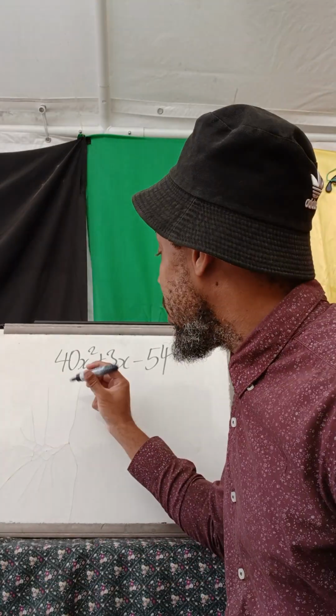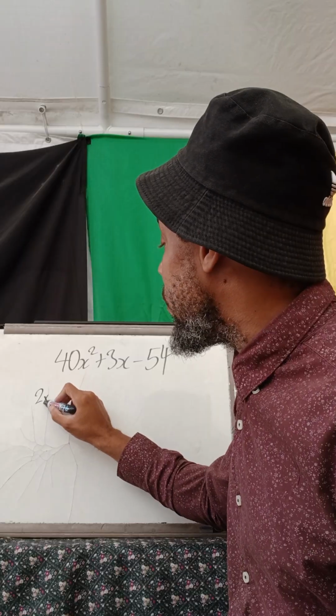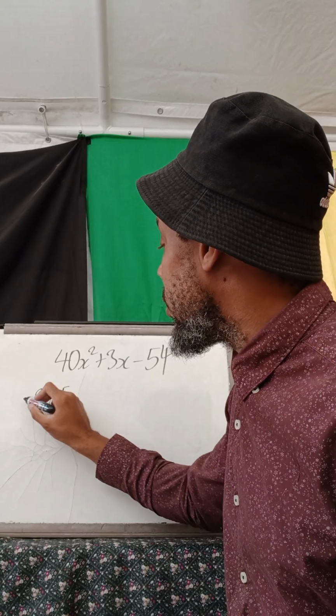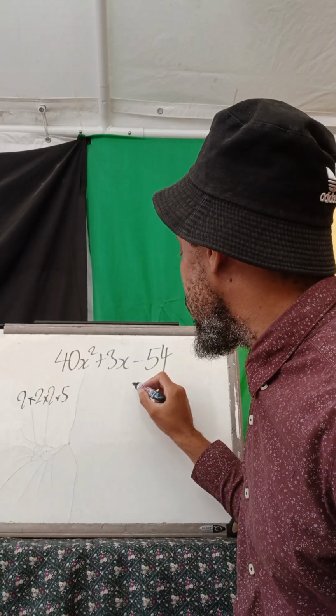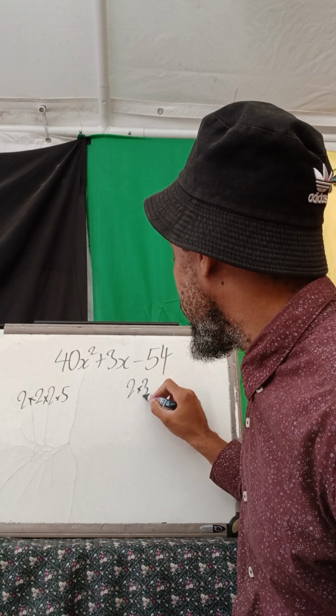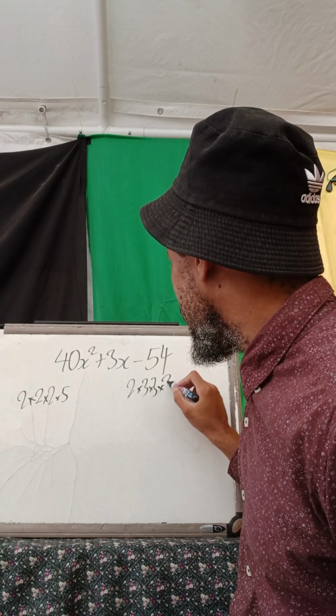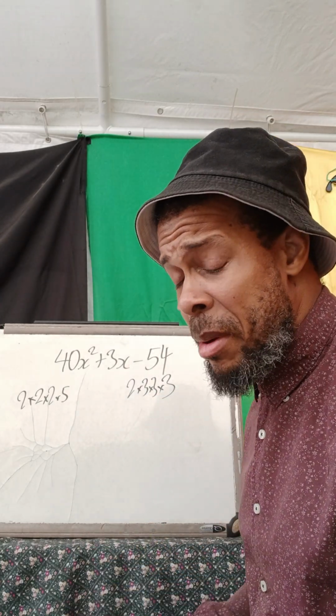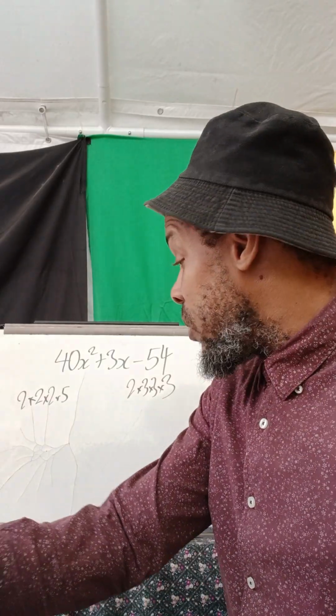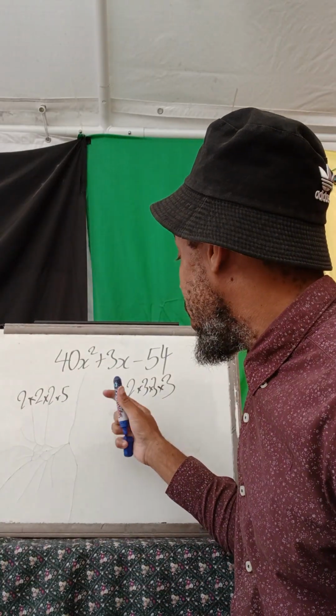Right. So we're going to have 8 times 5. Then we have this, which is... why do I instinctively remember that? I could not tell you.